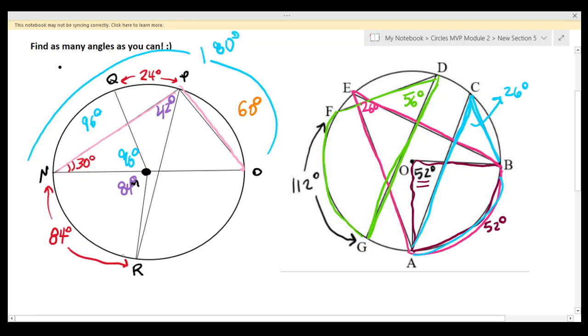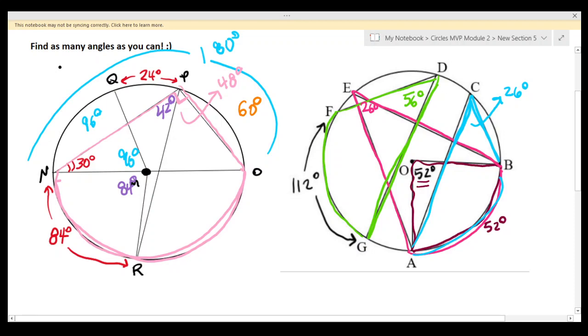That inscribed angle has an arc that's a semicircle, half of a circle. So that means this angle has to be half of 180, which is 90, which is going to help us to find this angle, this one right here. That's going to be equal to 90 minus 42. That gives you a 48.